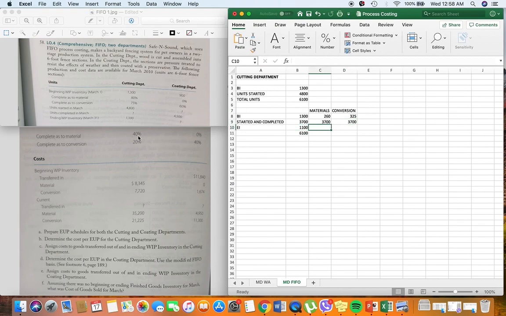Now, for the ending inventory, it suddenly got bigger. Anyway. As far as our ending inventory is concerned, it is 40% complete as to materials. So this 40% was added this month. So we will multiply the actual units of 1,100 by 0.4.